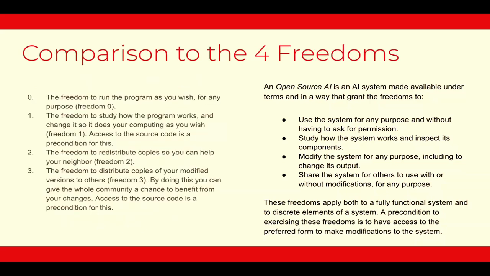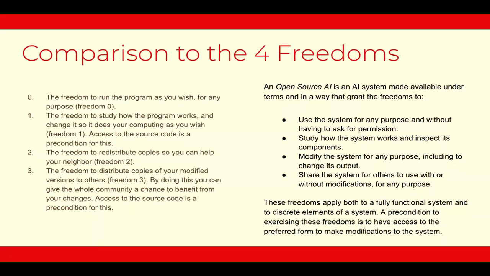And in comparison, let's bring up the original 4 freedoms of open source and just see how these things match. The first one, freedom 0, is essentially the first bullet point. Use the system for any purpose and without having to ask permission, right? That's kind of the same as freedom to run the program as you wish for any purpose. Pretty close.